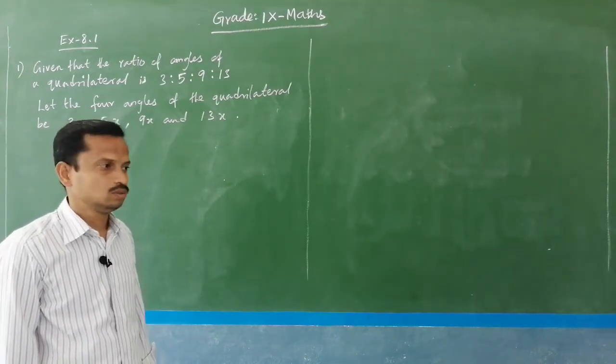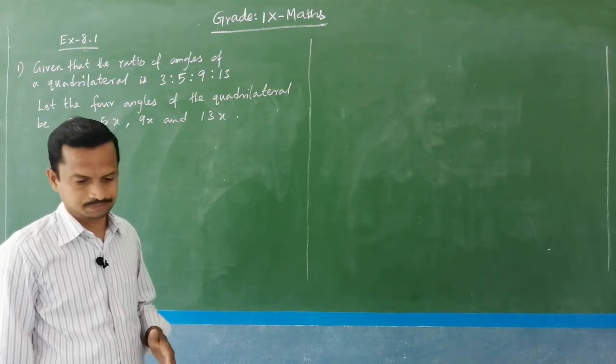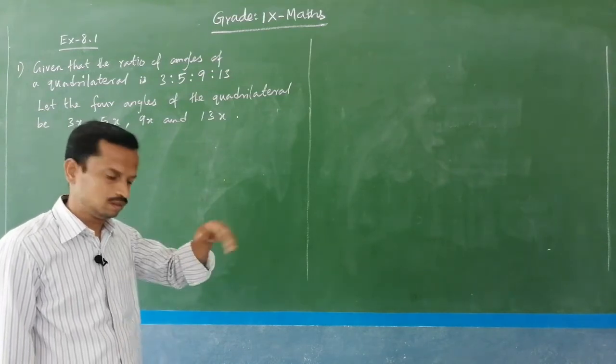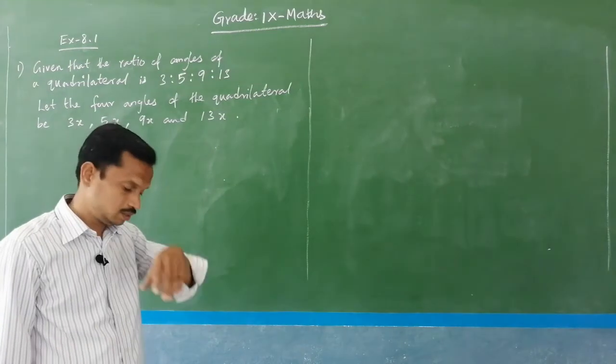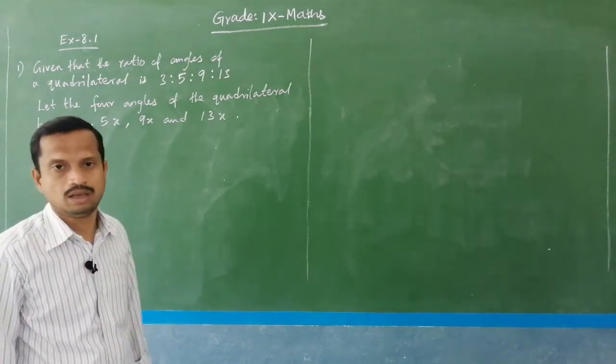So, after finding x, if you multiply with the given numbers, then you can get the measure of each angle.